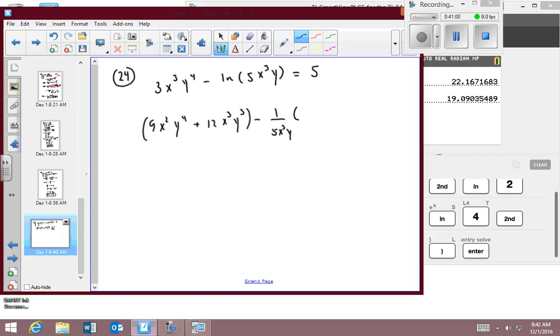Now the chain rule is going to apply, so that's the derivative of the first times the second, plus the derivative of the second, so that's just 5x cubed y prime, equals 0. I guess I got the bracket here.